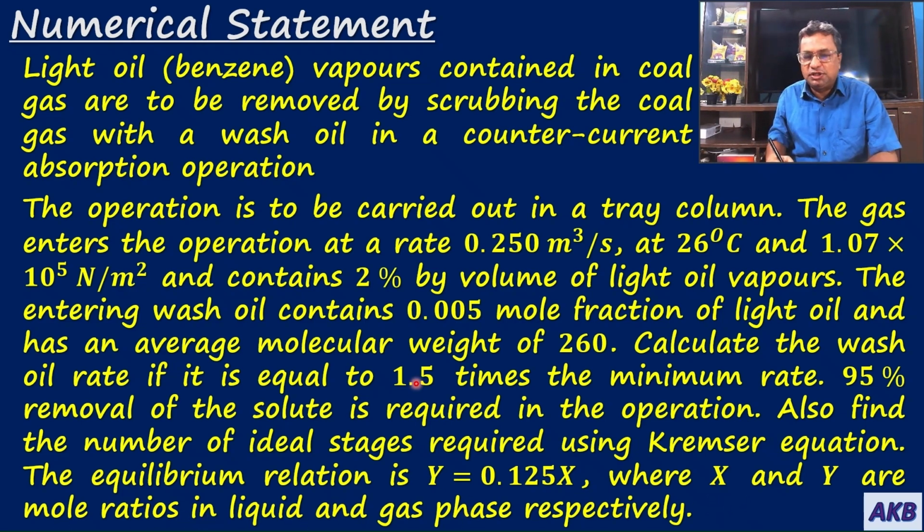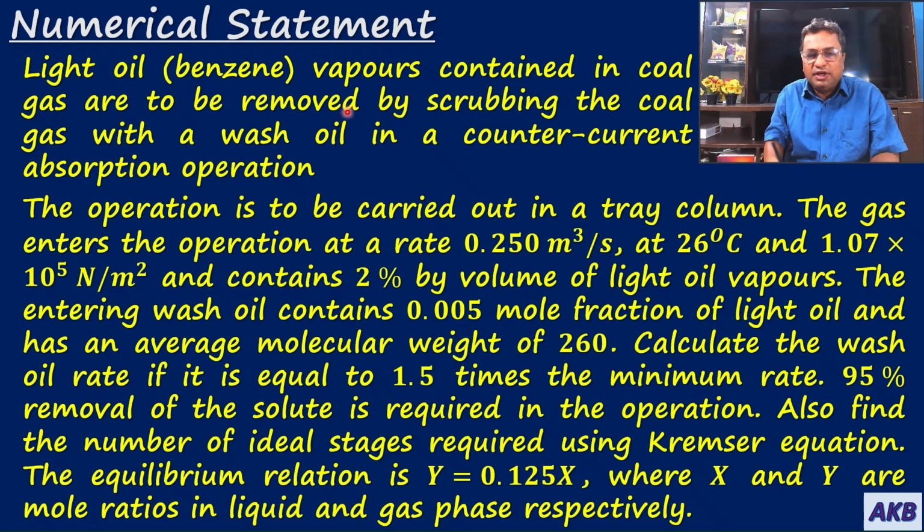So I have taken the numerical example which I have solved earlier in my discussions on gas absorption, but here I have changed it so that we can learn how to find the number of stages by using the Kremser equation.